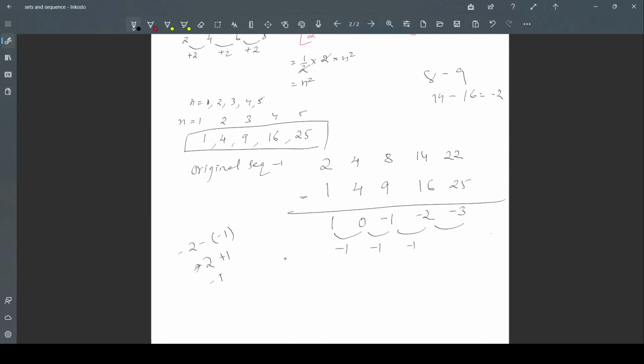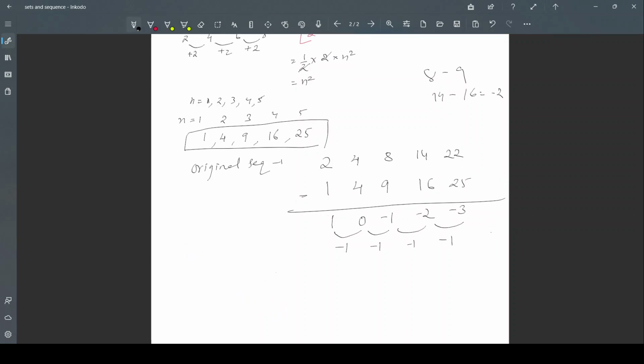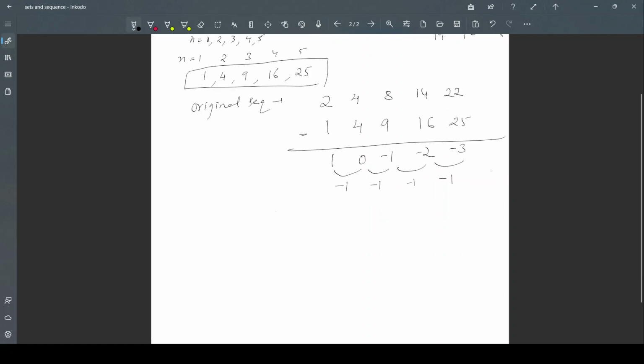Minus 3 minus minus 2 gives you minus 3 plus 2, that is minus 1 again. So you will easily get the difference when we subtract the original sequence from the sequence that we got. Now we will find the nth term for this sequence, and we will take this as the difference.